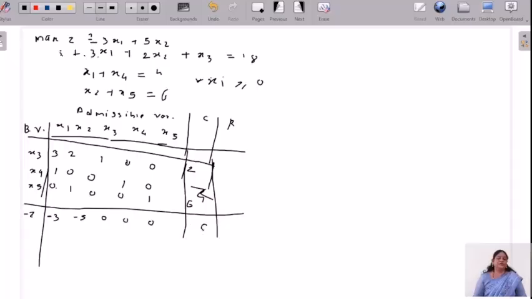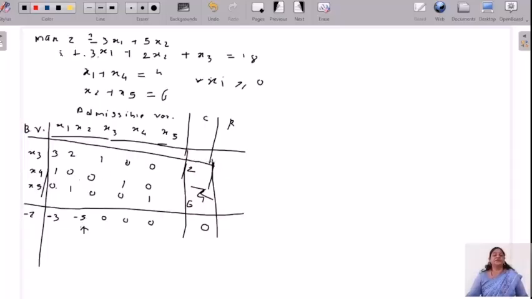You may consider 0 here or no need to consider the value. Our step number 5 is to consider the minimum of Cj. Minimum occurs here, because minus 3 and minus 5, minus 5 is the minimum, therefore your entering variable is x2.